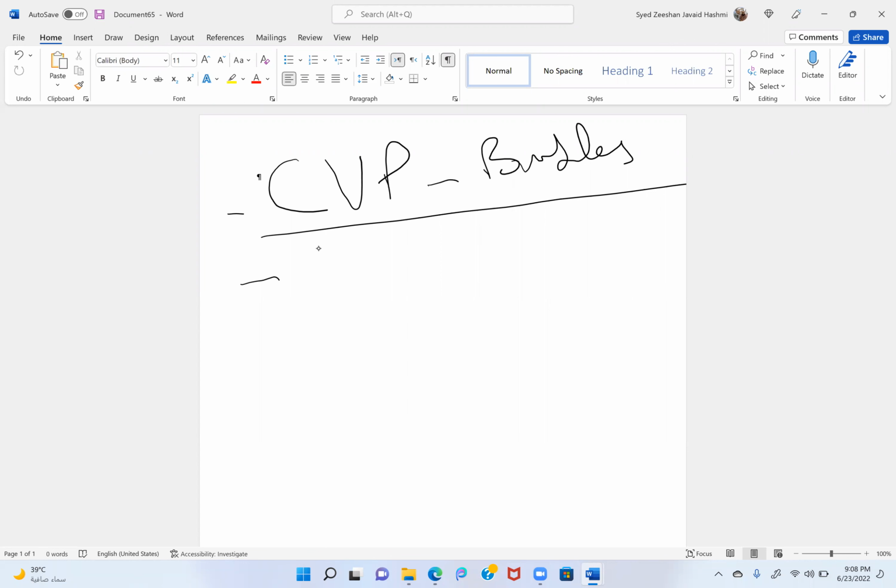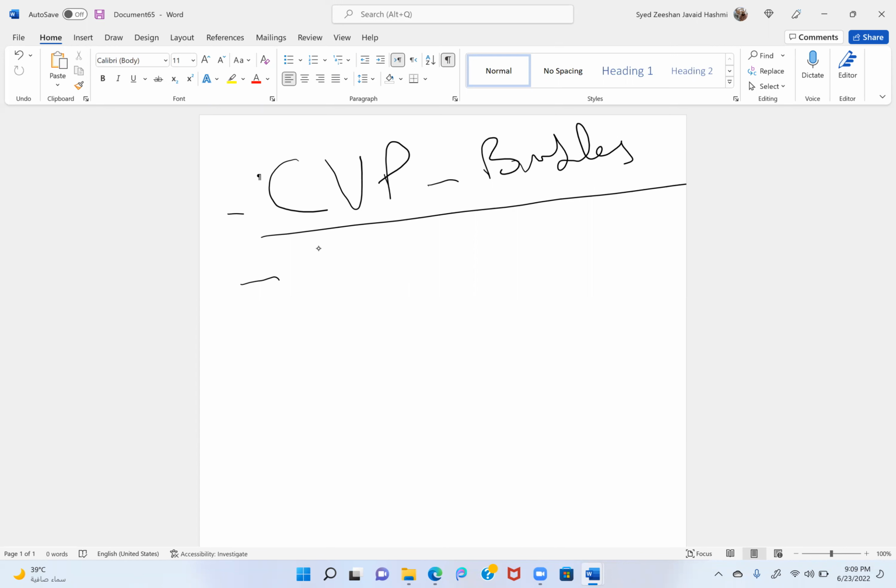And if there is any sign of infection, you have to remove it and send the CVP for culture. Is this part of CVP bundles? I think it is. And usually, whenever it is not needed, it is better to remove it.